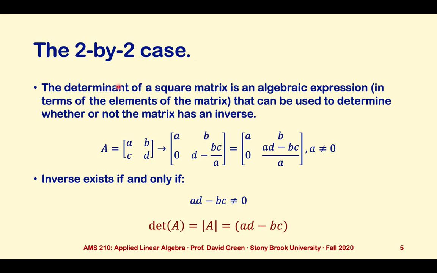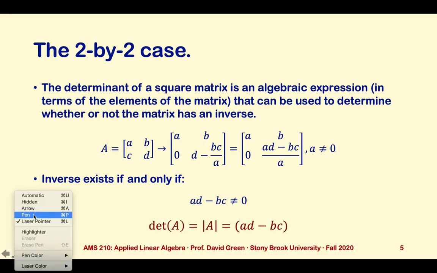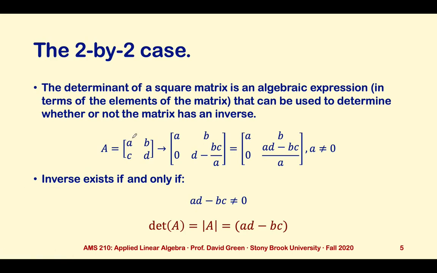Remember, we want a determinant to be an algebraic expression that tells us whether or not the matrix has an inverse. If we take a generic 2 by 2 matrix, we can carry out elimination on this matrix. As long as A is not 0, we use A as a pivot to eliminate downwards.